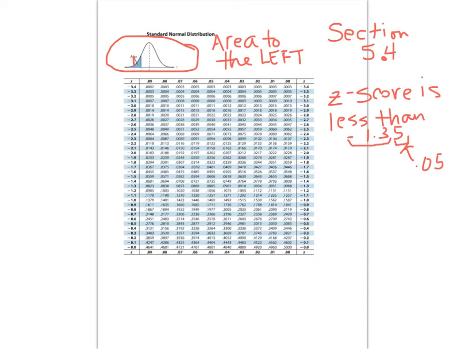It's going to tell me what column to use, and that's 0.05. So that's 5 hundredths in that number, negative 1.35. So 0.05 is right there. If I look at that row and that column, you can see there's my answer.